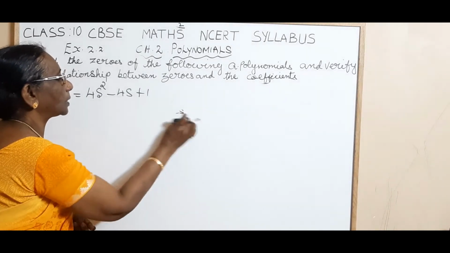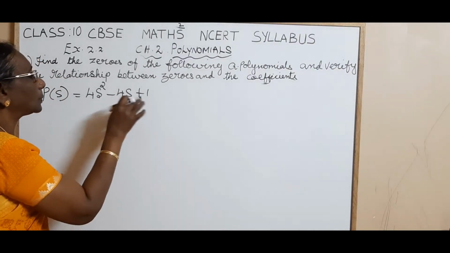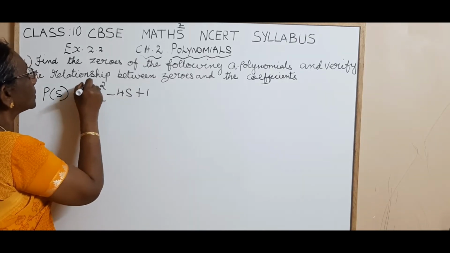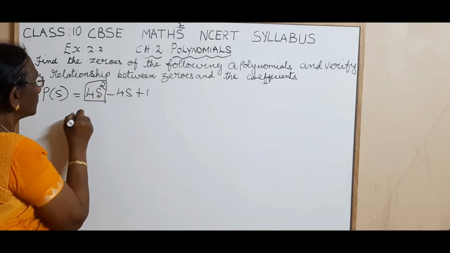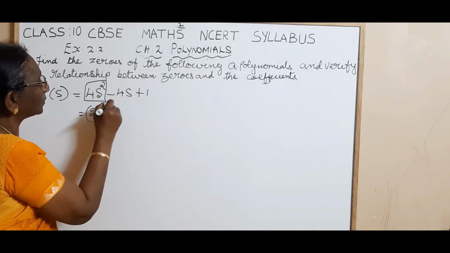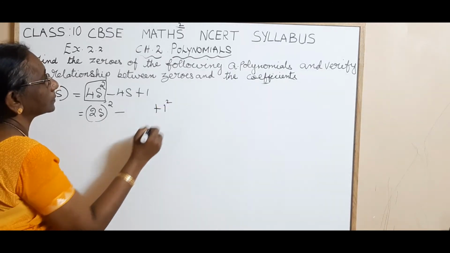So the first term is a perfect square, and the last term 1 is also a perfect square. So you can write this as 2s the whole square minus, here it is 1 square.